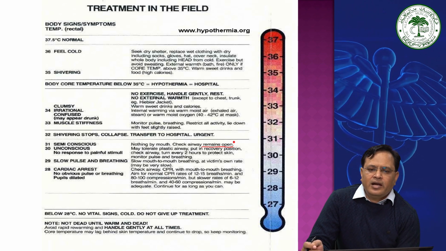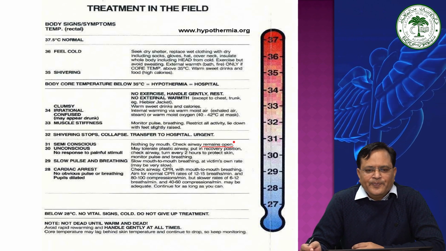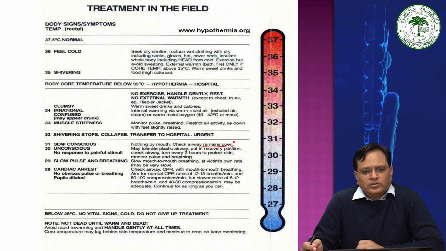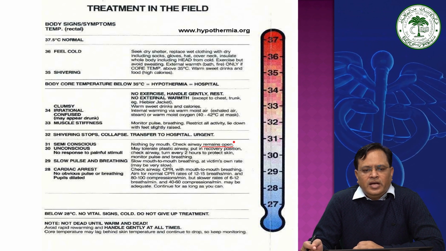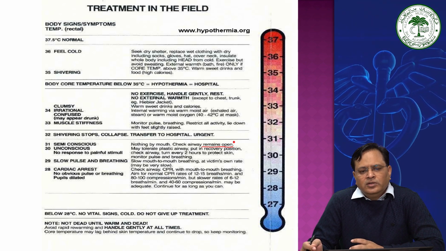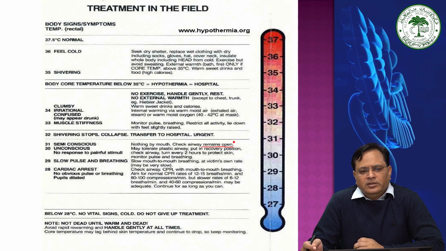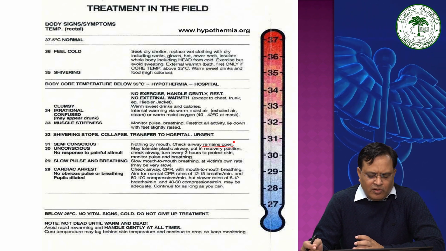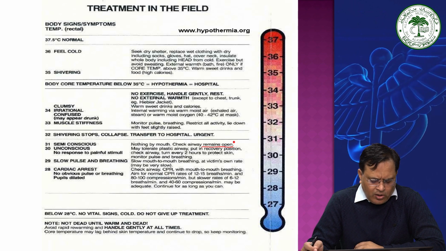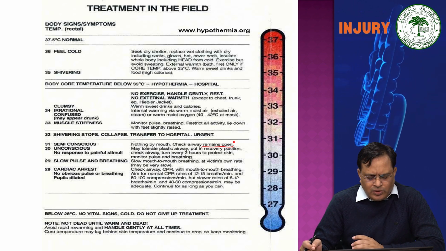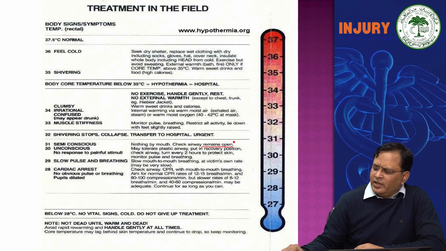Turn every 2 hours to protect skin. Monitor pulse and breathing. Give slow mouth-to-mouth breathing at the victim's own rate, which may be very slow. If cardiac arrest is there, check airway, do CPR, follow the emergency protocol, and monitor very carefully in an intensive care setup.